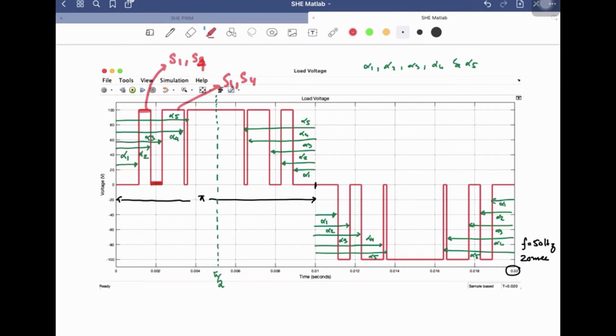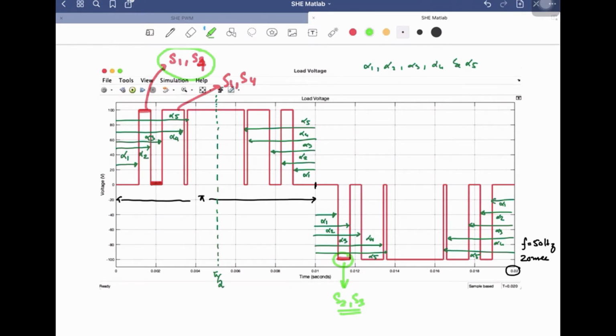And how to get this voltage? This will be obtained by turning on S2 and S3 switches, the opposite switches with respect to S1 and S4, right?